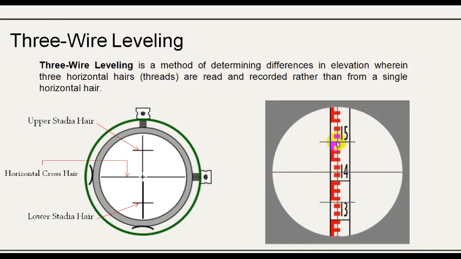We record the upper stadia hair, which is equal to 15. Then the horizontal crosshair is 14.2. And lastly, we record the lower stadia hair, which is 13.4.